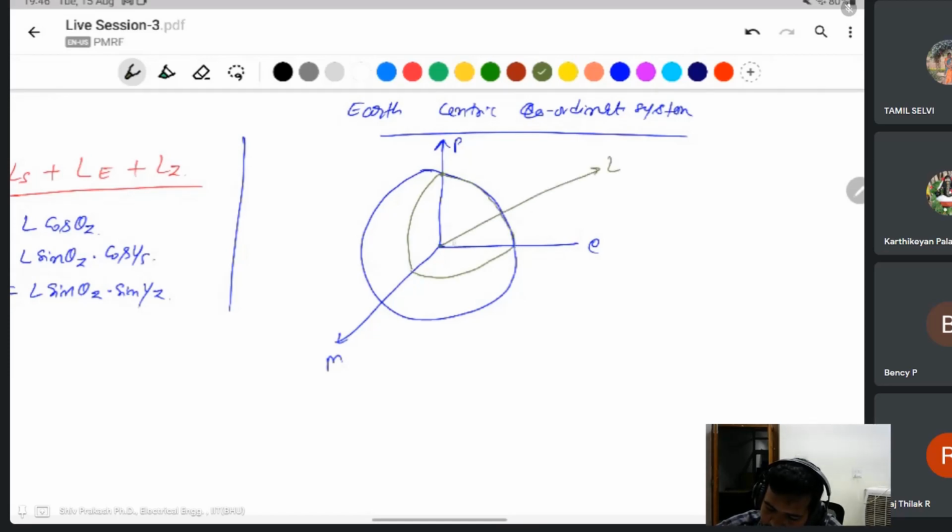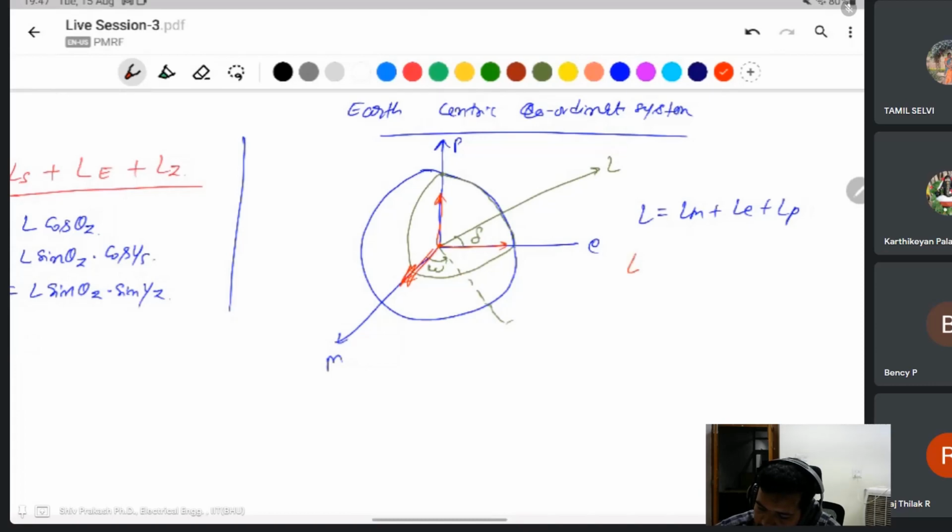So the insolation L, this angle is theta, then this one is L, and this will be omega. Same thing, we can say this one is L dash. Then the same phenomenon occurs here. L is LM plus LE plus the polar insolation.